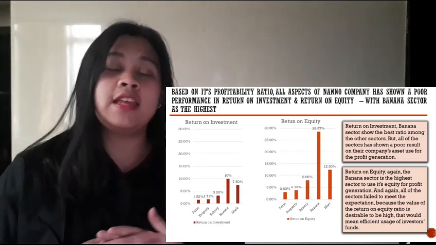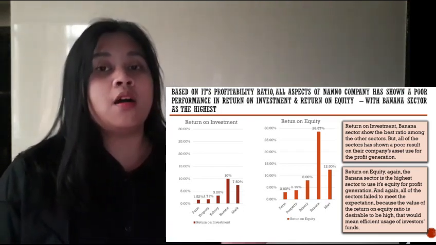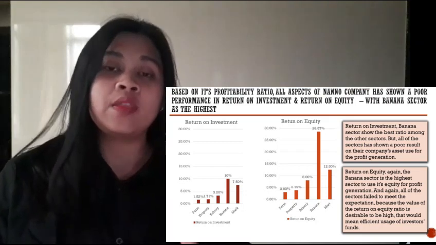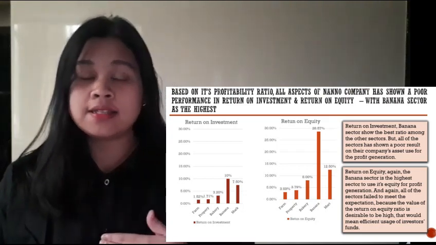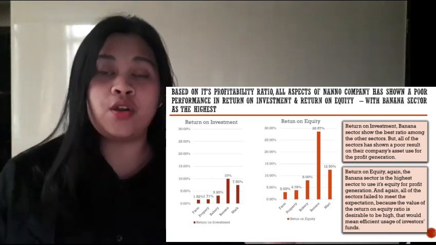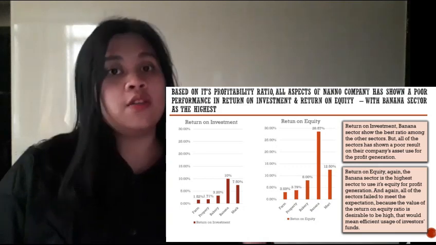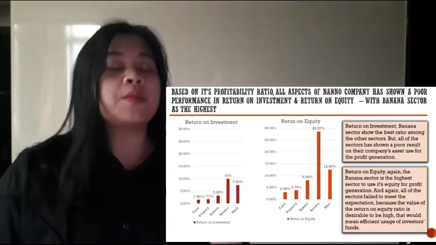We can see that they don't meet expectations because all of them are below 100%. But in this case, the banana section has shown a higher result than the other four sections on both return on investment and return on equity.